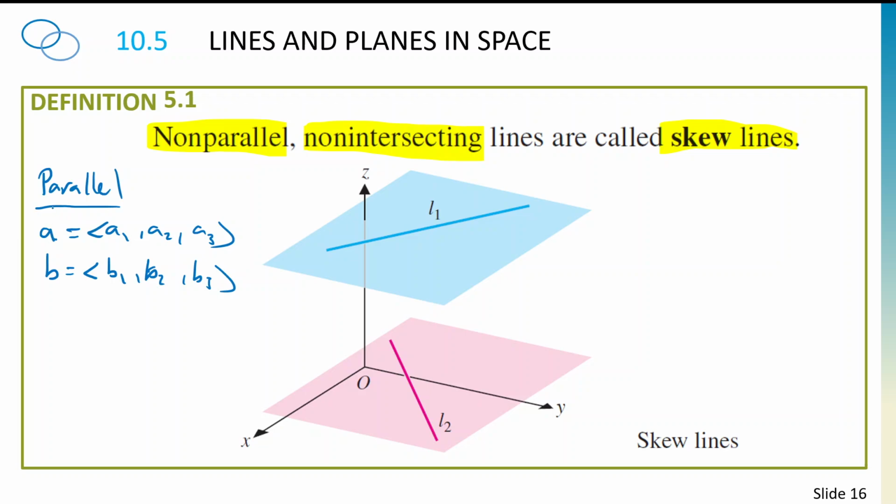If the two lines are parallel to each other, we should have the same ratio between them. So B1 divided by A1 is equal to B2 over A2, and this equals B3 over A3. This is the case if they are parallel. So if I need to show that they are not parallel, I need to show that these ratios are not equal to each other.